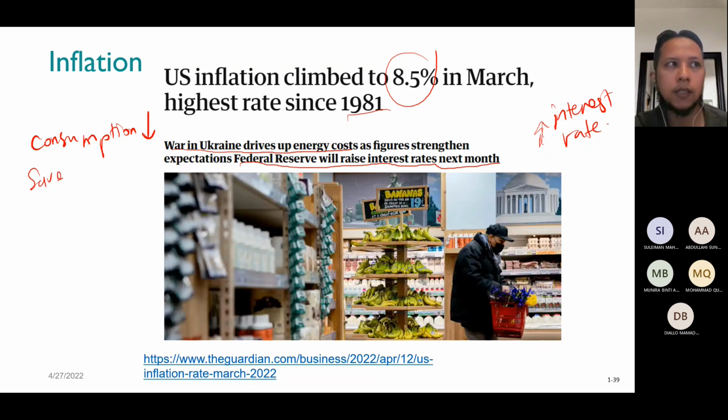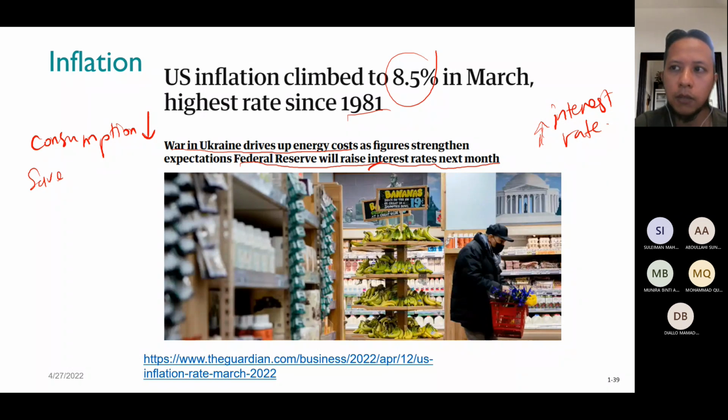So we will see in the coming months, the returns from stock market will reduce, and also in many countries, their currencies will also depreciate, okay, because of inflation and also increase in interest rate.